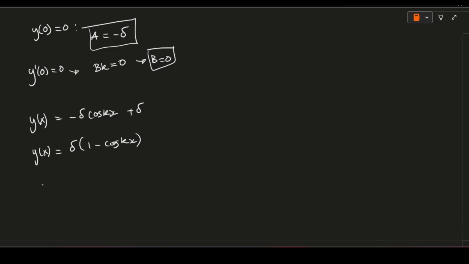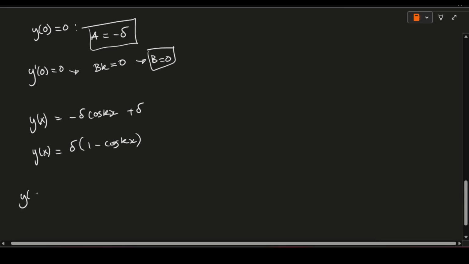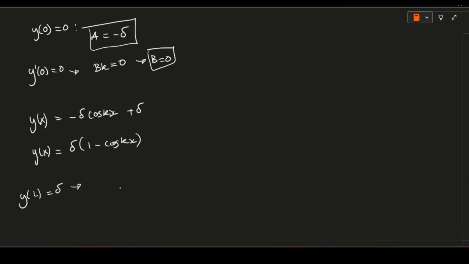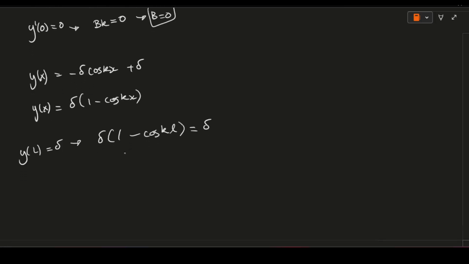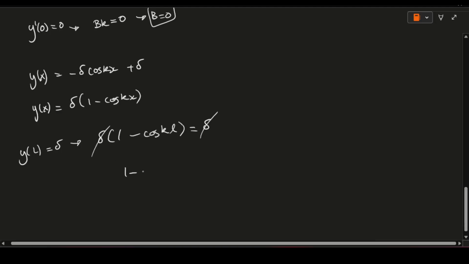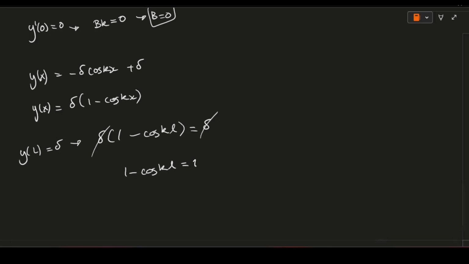Now we can look at the additional boundary condition that y at L is equal to delta. We see that we have delta times (1 minus cosine kL). This should be equal to delta. So the delta cancels, and we get 1 minus cosine kL is equal to 1.